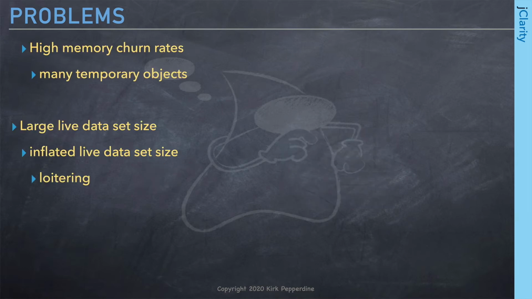Another problem, large live dataset sizes. And no, this is not an advertisement to go off heap. I know going off heap was very popular for a period of time, and there are lots of products that go off heap. But when you go off heap, you're going to get a smaller live dataset size in the Java heap, but that means you're marshalling to byte buffers off heap, and then you're marshalling from the byte buffers off heap back into Java heap.